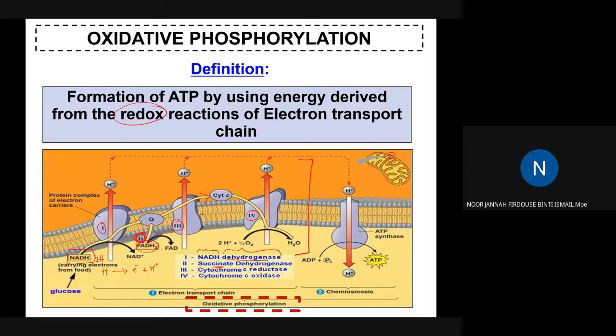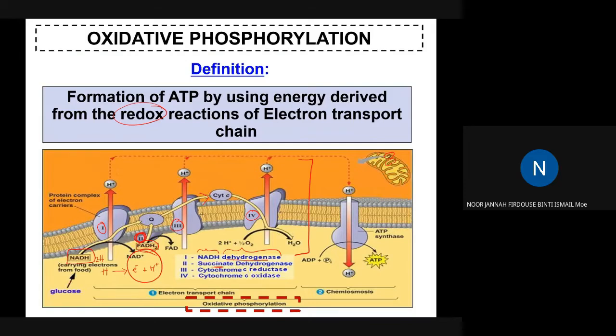It means that the Krebs cycle occurs right here, and while succinate is converted to fumarate, FAD receives the electron and hydrogen from the succinate, oxidizing the succinate to fumarate.